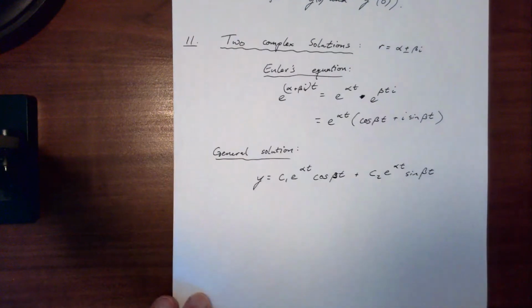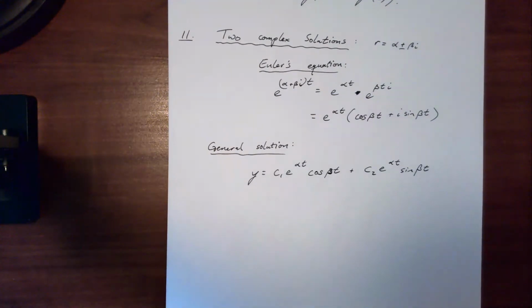So the real and imaginary parts of the general solution that we would ordinarily produce is what we will use here to find our two linearly independent solutions.